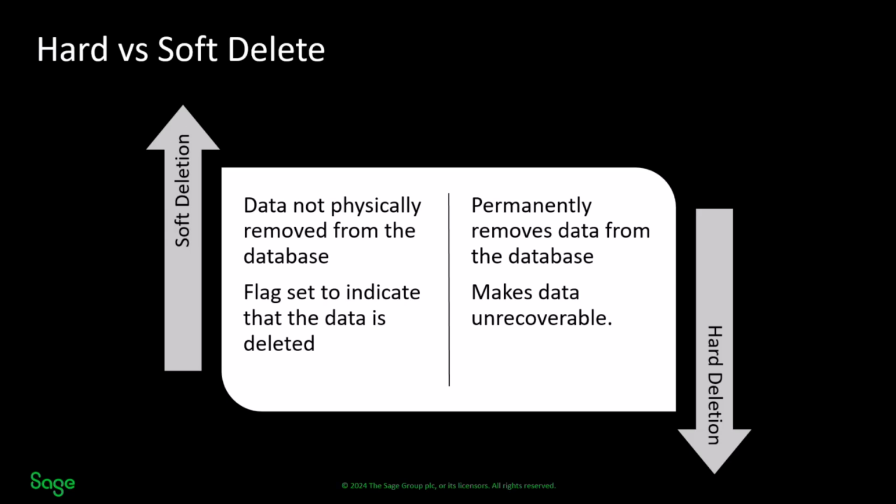Now, if we went down the route that when you hit the delete button inside Sage CRM, that record was actually definitely permanently removed from the database so that it was unrecoverable, then it would create a potential problem for us in that we wouldn't be able to retrieve it if there was a question about the integrity of the data.